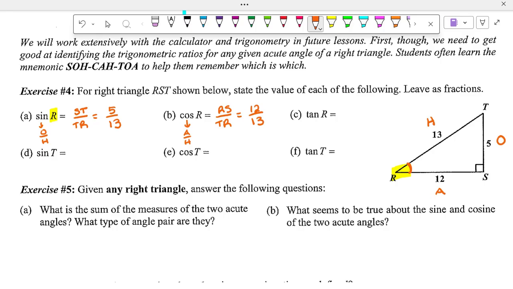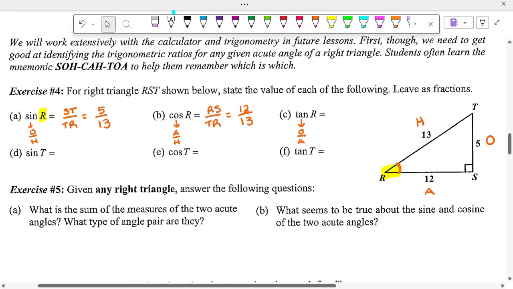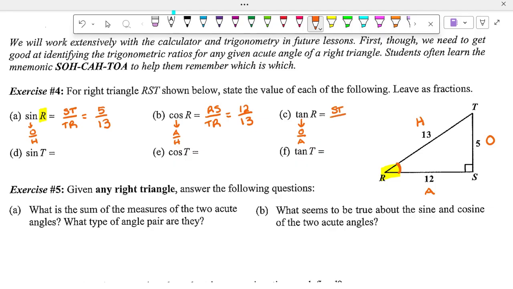What about tangent of R? So tangent, how did we find it? Opposite over adjacent. So what two sides is that? TS or ST, let's keep it consistent, over RS.